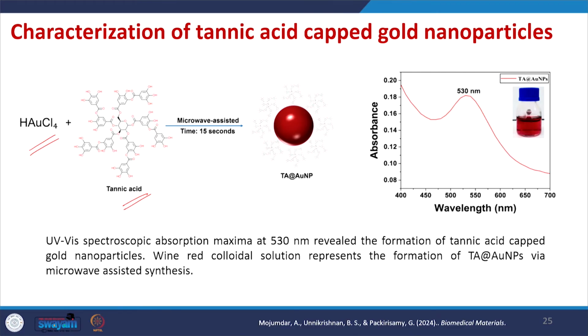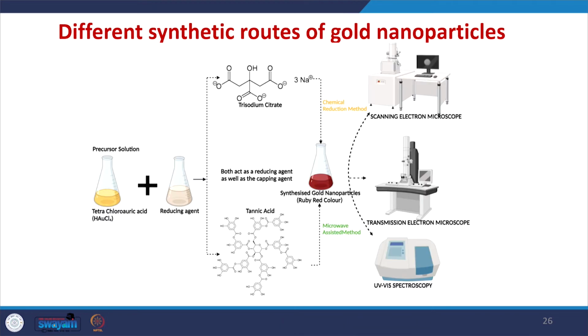By using the microwave assisted method, we can get the tannic acid capped gold nanoparticle, and by using UV visible spectroscopy, we can characterize it, and you can see that there is an absorption maximum at 530 nanometer.